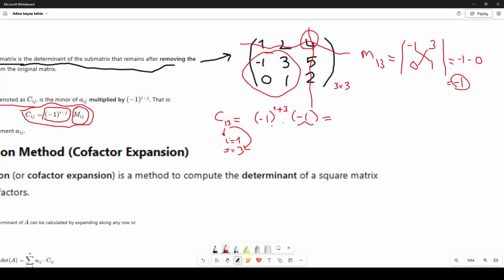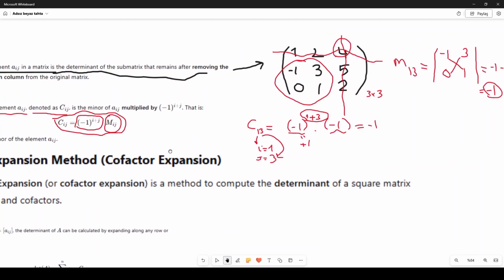This is -1 to the power 4, and this is +1, right? Because the power here is an even number. And when the power of -1 is an even number, then this is equal to +1, right? So, -1 times +1 is equal to -1. So, this is how the cofactor definition works. So, cofactor and minors are actually any real numbers that are found by using their definitions, right? So, this is how it works.